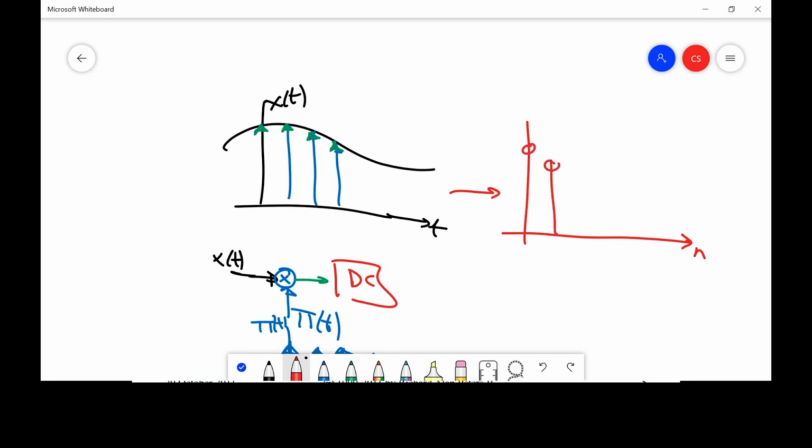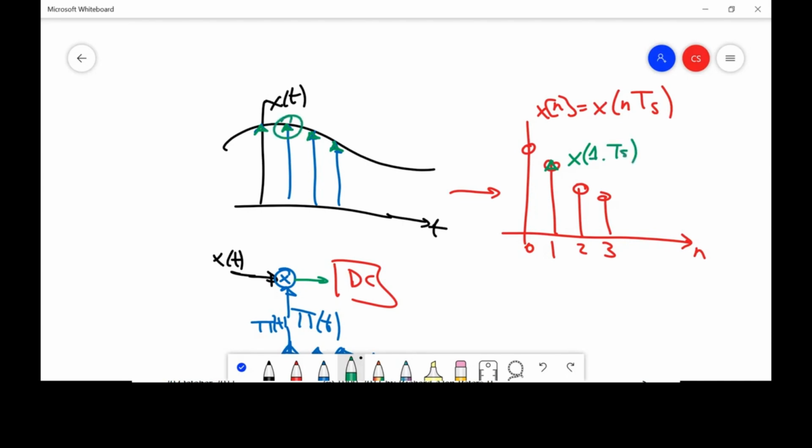So x of n is equal to x of n times the deltas. So this is n equal 0, 1, 3, and this height here is the same as x at 1 times the delta.